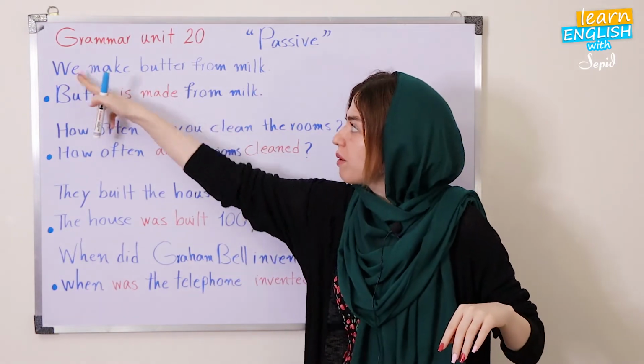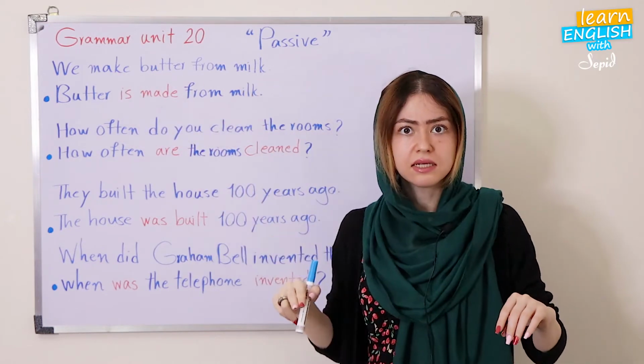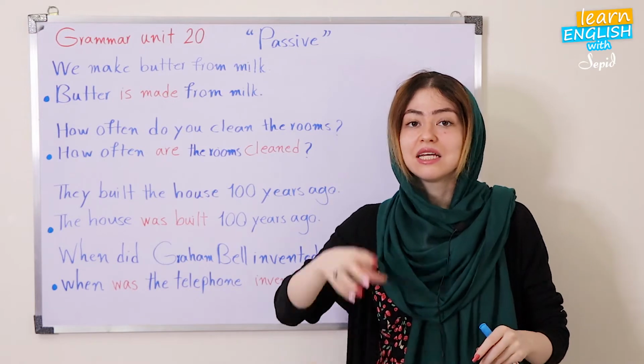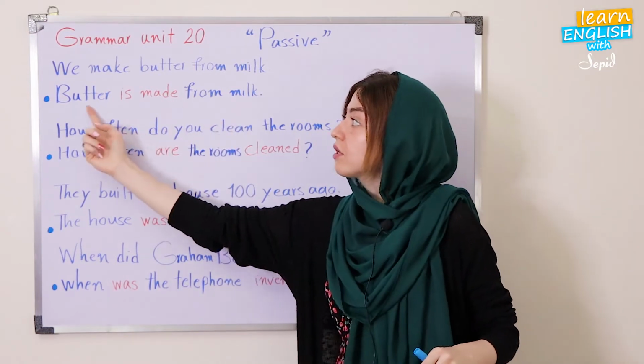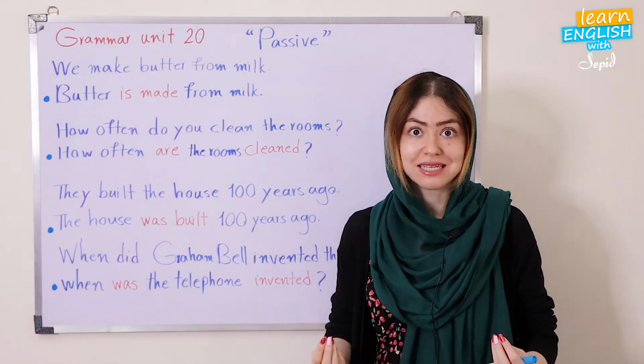For instance, we make butter from milk. The sentence is in simple present tense. So the tense is unchangeable. However, here, we just change the form of the sentence.